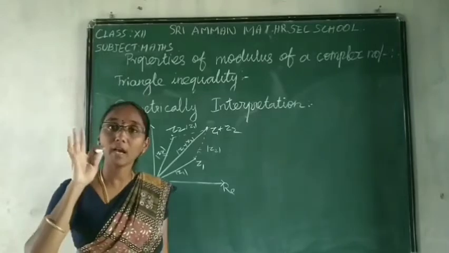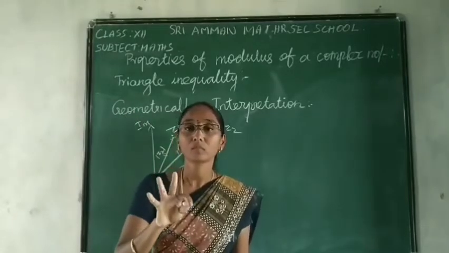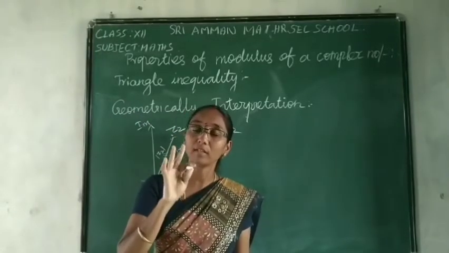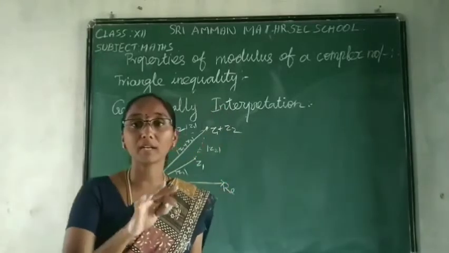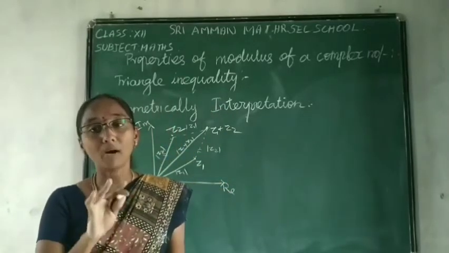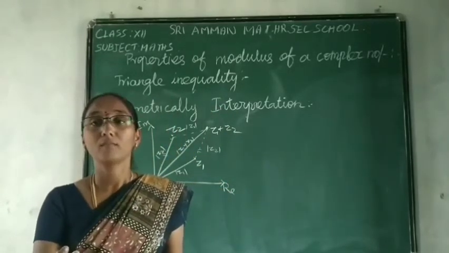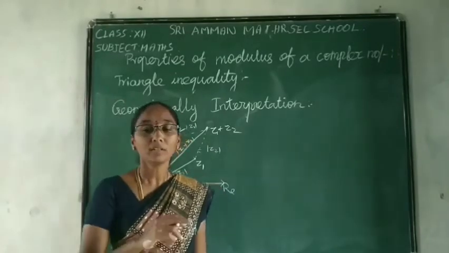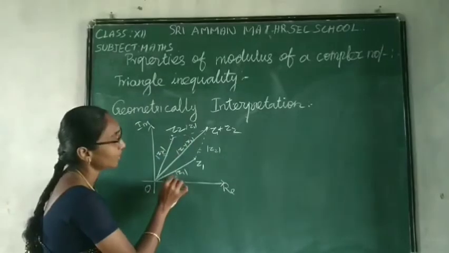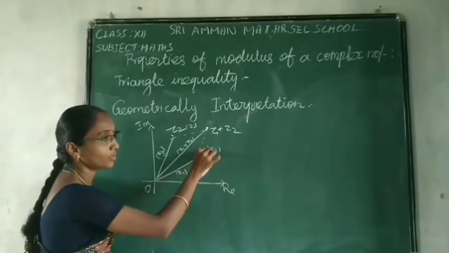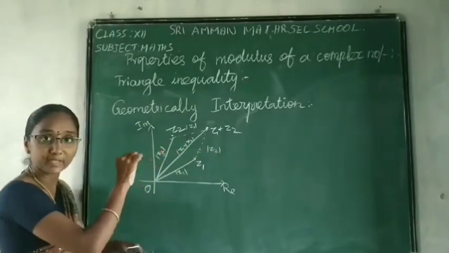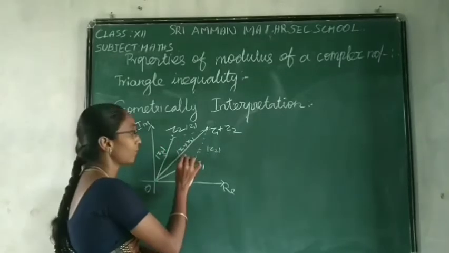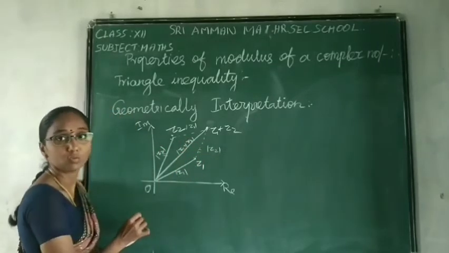Okay, in a triangle you have three sides. The sum of the lengths of two sides of a triangle is greater than the third side of the triangle. In the same way, modulus of Z1 plus modulus of Z2 is greater than or equal to modulus of Z1 plus Z2.